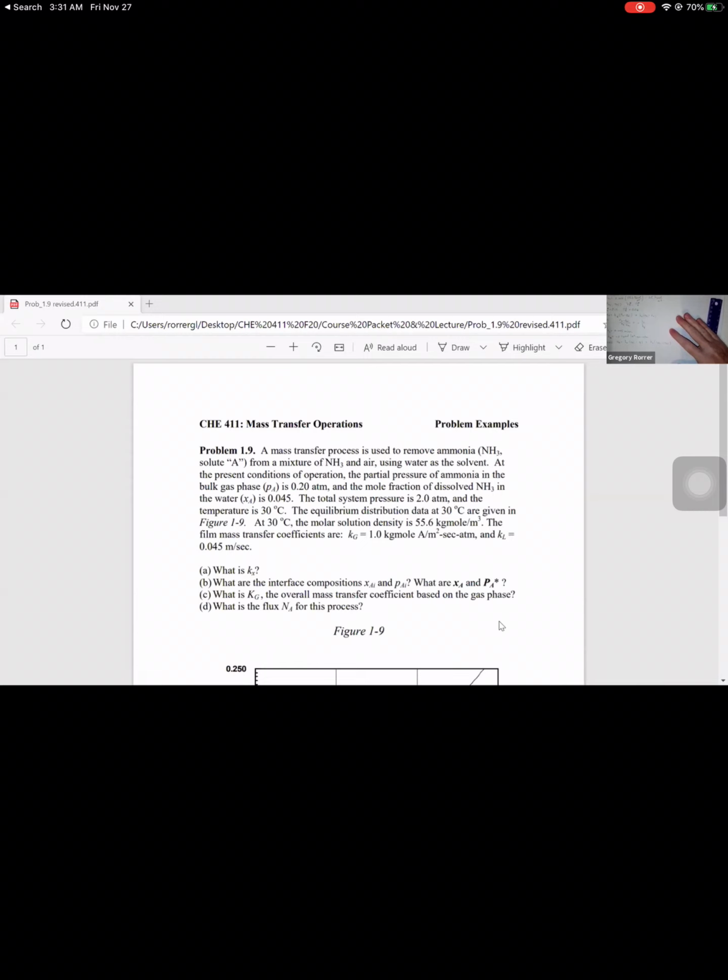Then we know that little kx is going to equal C sub L multiplied by k sub L, and we did that earlier up in part A. So then we can just put that through.